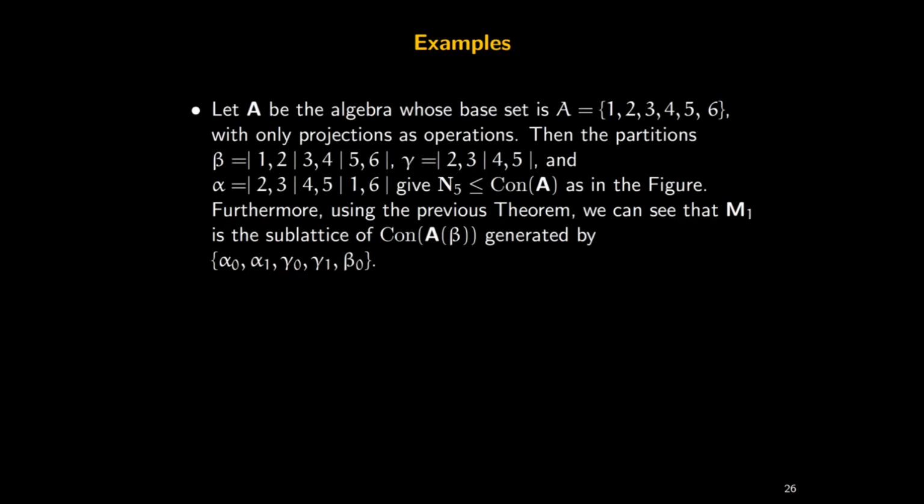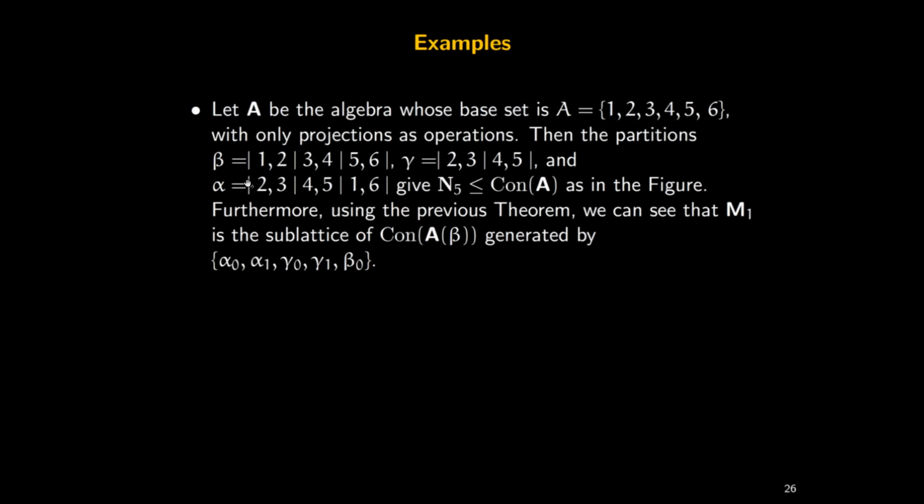The strategy is to consider a set, possibly with the fewest amount of elements, and construct a partition of the set. So consider the algebra with only projections as operations, whose base set is the selected set, and construct a partition that generates an M5 like this one and satisfies one of the two points of the theorem before.